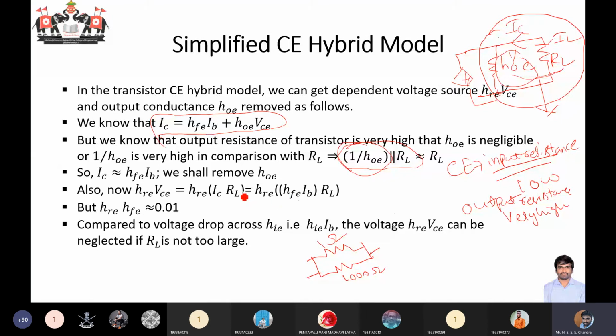What will be the effective resistance of this circuit when you have a 1 ohm resistor connected in parallel with a 1000 ohm resistor?